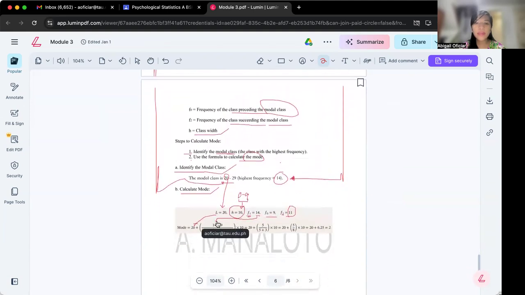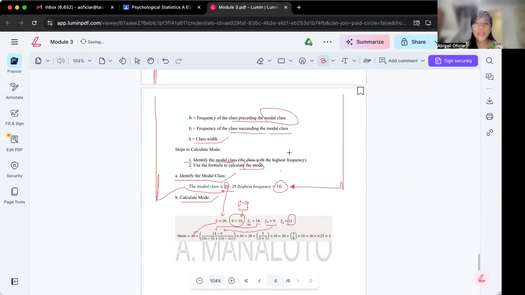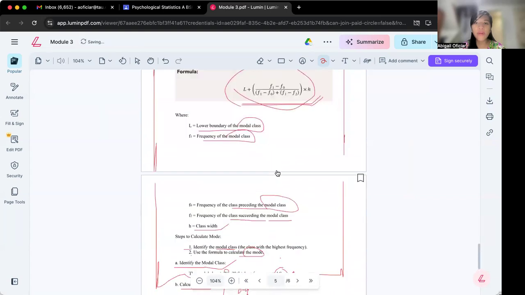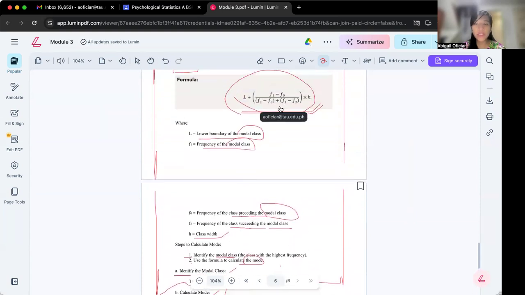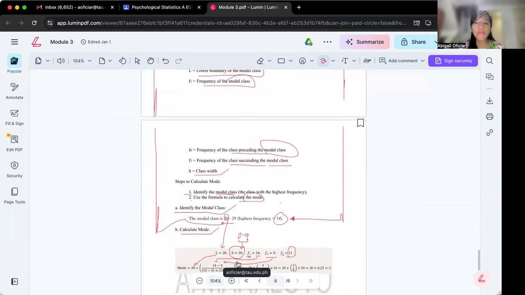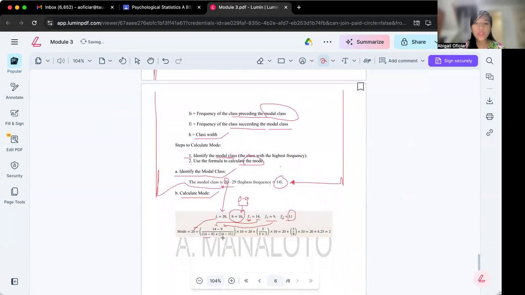Then, the FO. Okay. Then we have, of course, the F1 and FO again here. No? And followed plus, no, the F1 minus F2, which is 14 minus 11. Okay. So you just substitute, then later on you multiplied by 10.